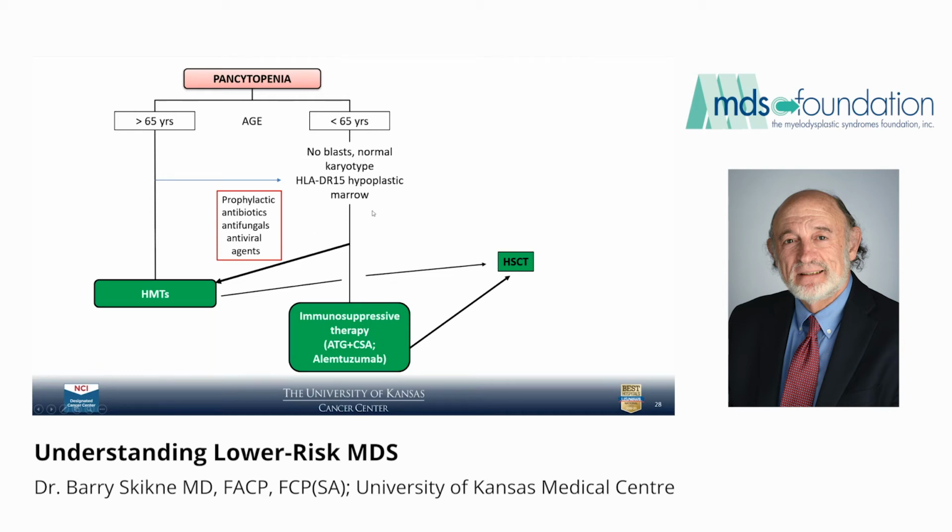So if we have a younger patient and their bone marrow is hypoplastic, meaning that there's not a lot of cells in the marrow, the cells that are producing the peripheral blood cells are really reduced, and there are no increased blasts in the bone marrow, and the cytogenetics are normal, then we're going to do an HLA typing, looking for this HLA DR15.